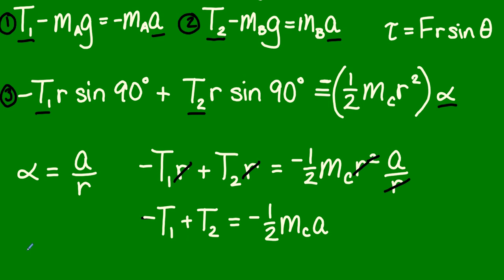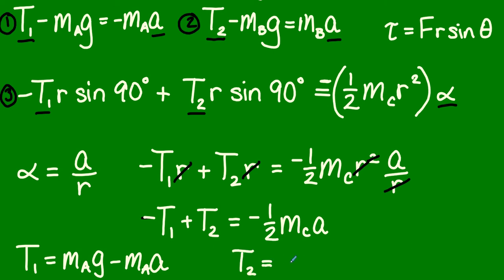So equation 1 would give me T1 equals MA times G minus MA times acceleration. And equation 2 would give me that T2 is equal to MB times g plus MB times acceleration.